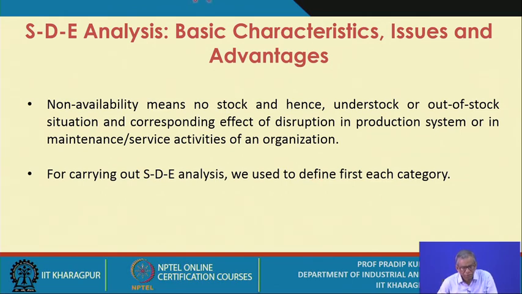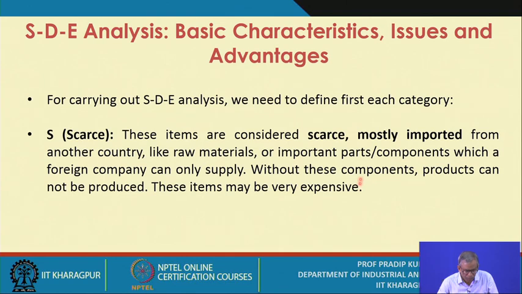For carrying out SDE analysis, we need to first define each category. The first one is, what is a scarce item? S stands for scarce, mostly imported. These items are considered scarce, mostly imported from another country, like raw materials.